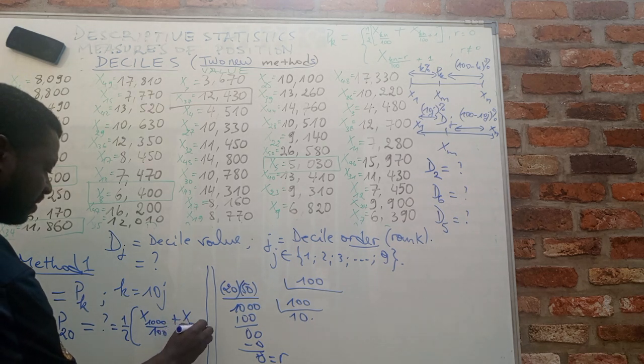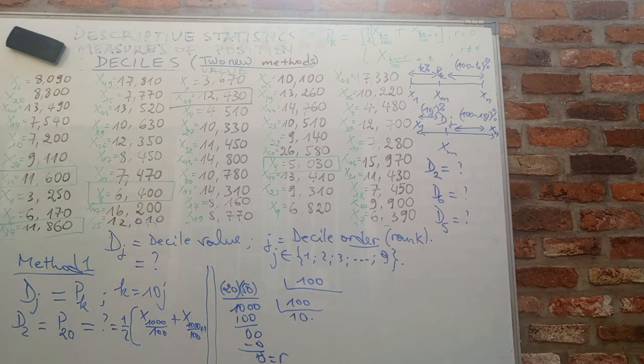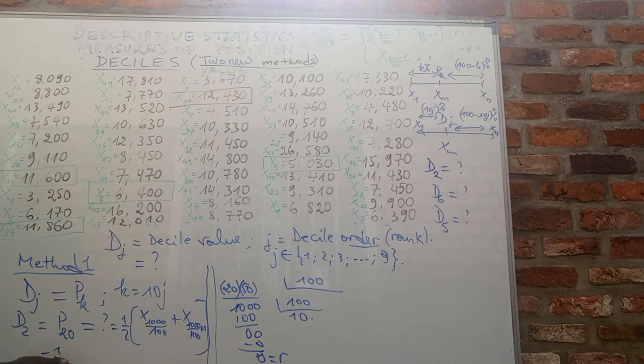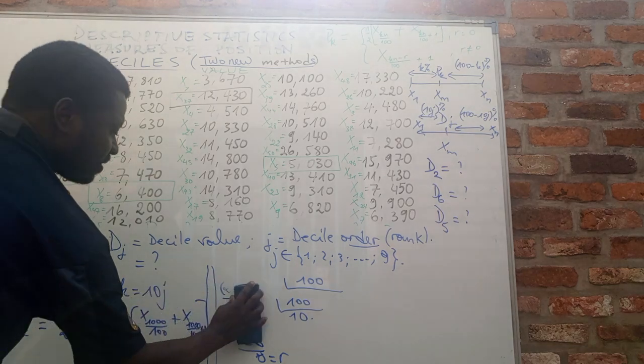So I add the index 1 and I divide by 2. Doing so, we are going to have a half of... okay, let me just continue on this side.